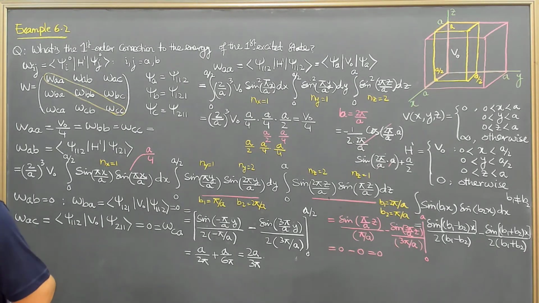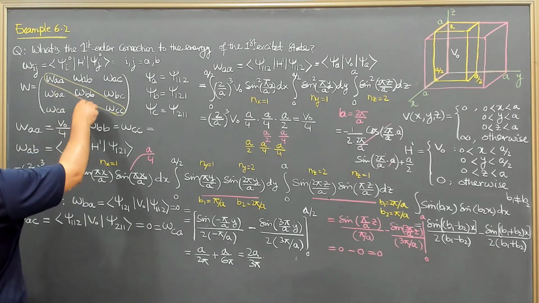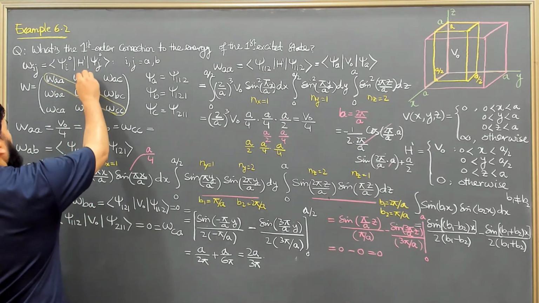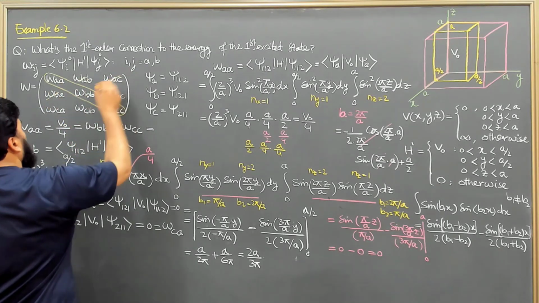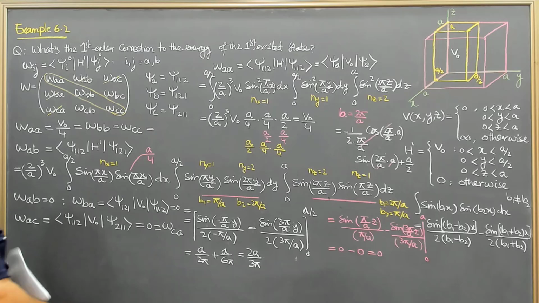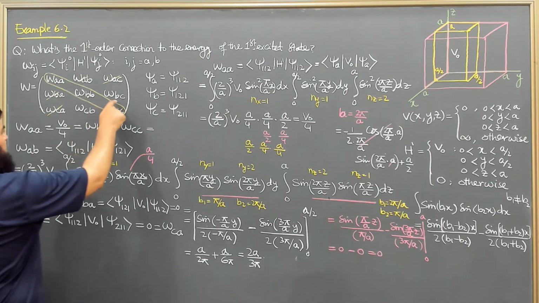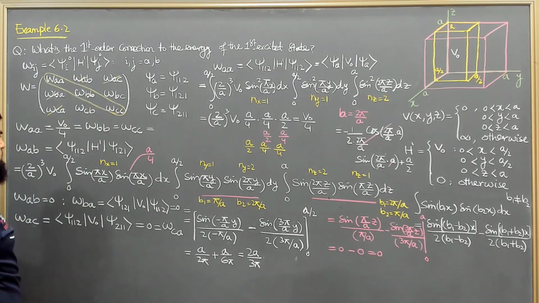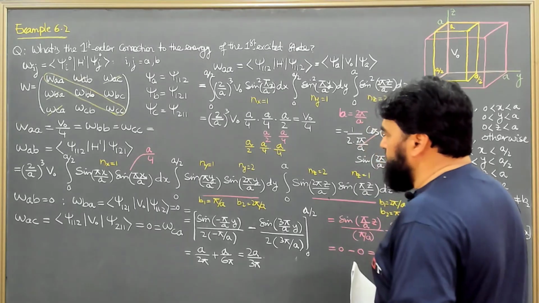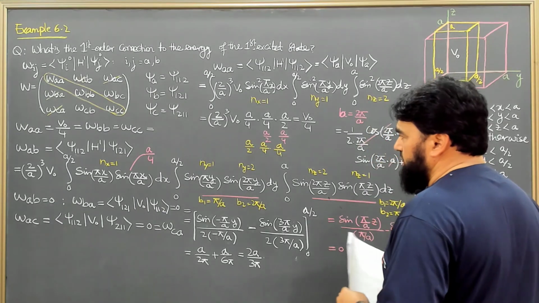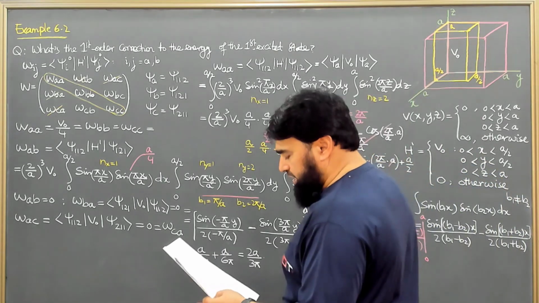So we got these terms: we got the WAB term, the WBA term, the WAC term, and the WCA term. The two terms which remain are WBC and WCB, and we are going to calculate those as well.